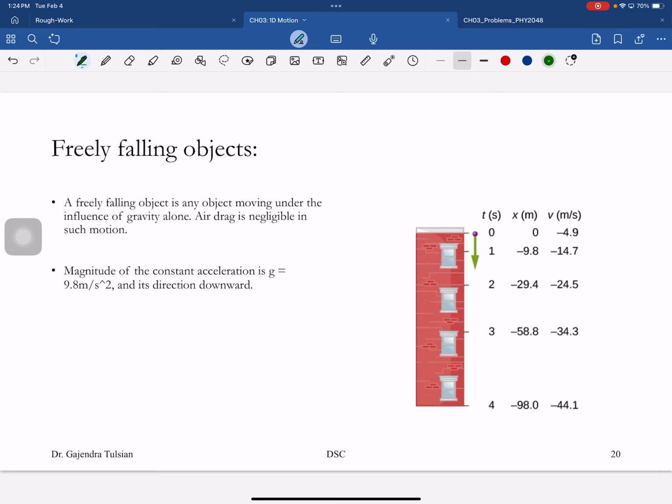And the acceleration is a vector pointing downward, and its magnitude is written as g, and its magnitude is 9.8 meters per second squared. Let's make sure we understand this. This will be useful for the next chapter. I draw my axes like this.